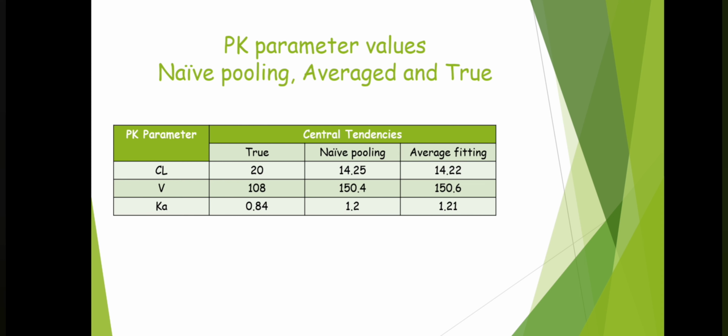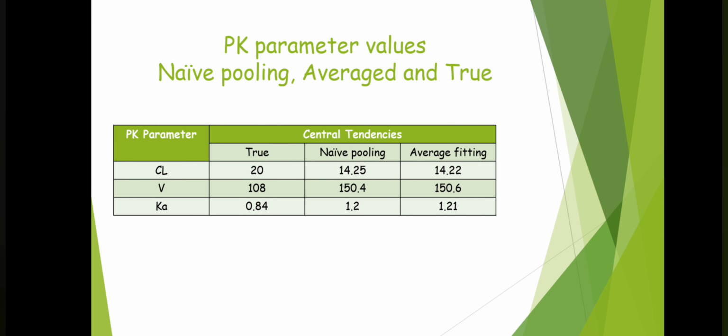And as we see from this table, we have the true values, the values from which the PK profile was simulated. In this case, clearance is 20, volume of distribution is 108, and Ka, that is the absorption rate constant, is 0.84. We see the estimates for naive pooled and average fitted are systematically off, even though the curves fit reasonably well.